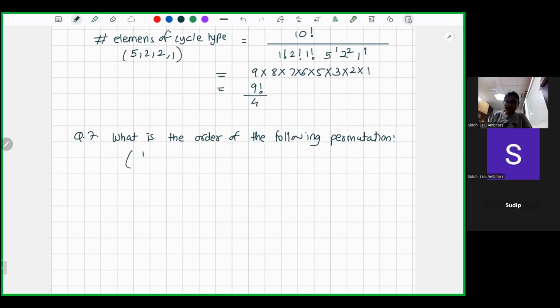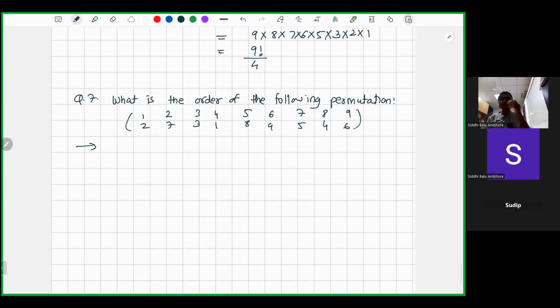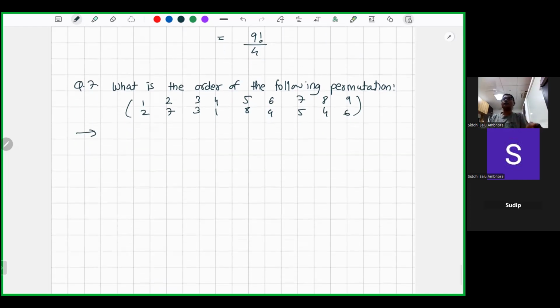The cycle is 1 goes to 2, 2 goes to 7, 3 goes to 3, 6 goes to 9, 7 goes to 5, 8 goes to 4, 9 goes to 6. If you want to calculate the order of such permutations, the best thing to do is express them in terms of disjoint cycles. Write them in the cycle form.